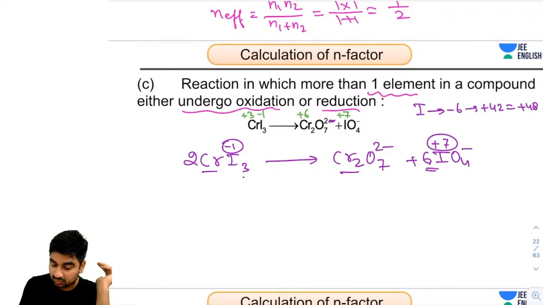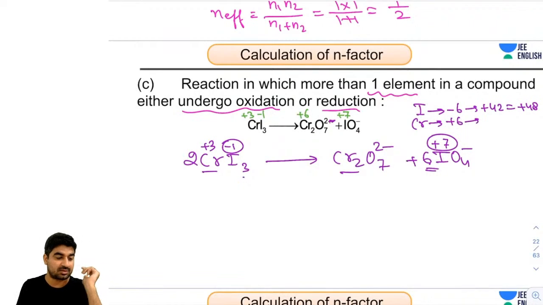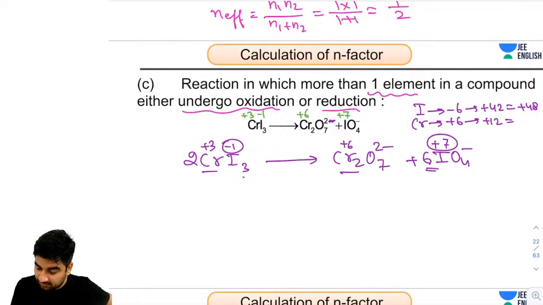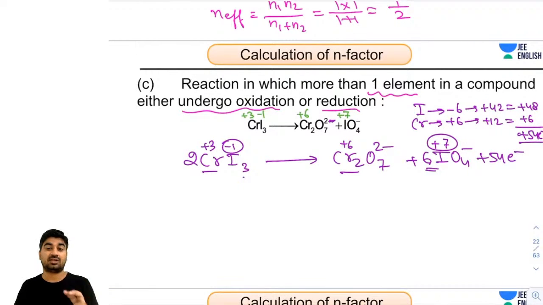For chromium, this is +3, so 6, so plus 6, 2, it would be plus 12. Now what will be the difference? It is plus 54 electron. So there would be loss of 54 electron. So this is basically the oxidation half, where net loss of 54 electron is taking place.